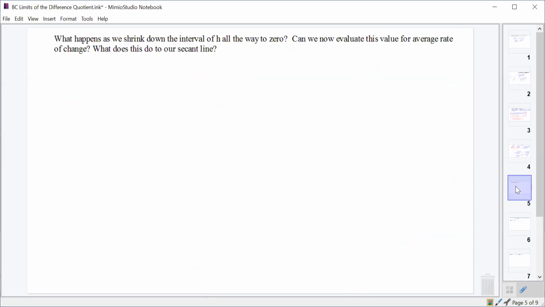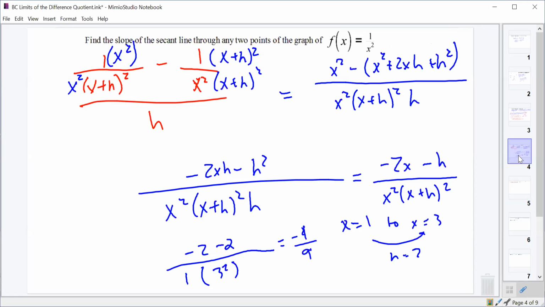All right, so then the question is, what happens as we take our interval of h? One second, I'll go back to that, Molly. With my numerator, you're talking about the negative 2xh minus h squared. I divided it by the h that was in the denominator.